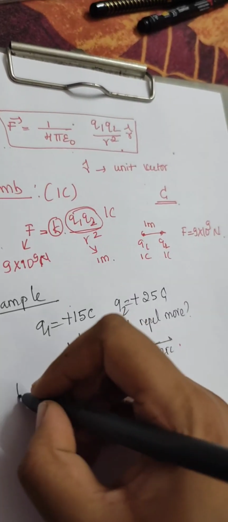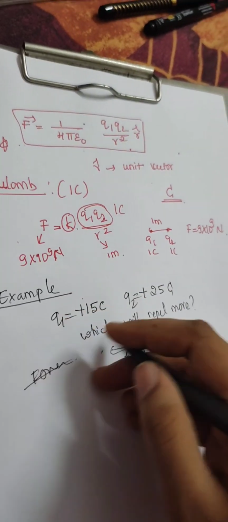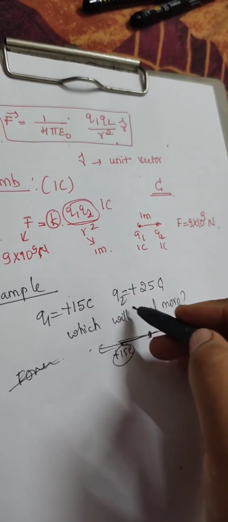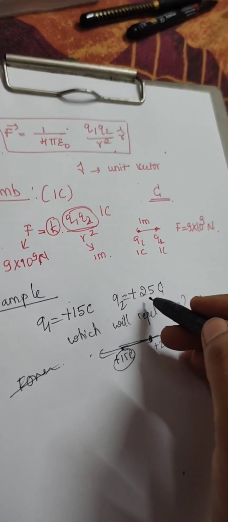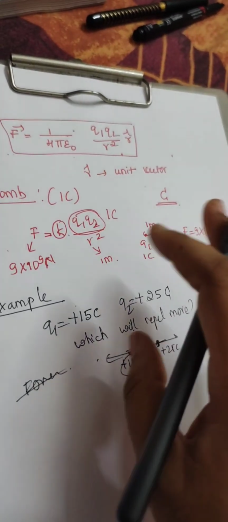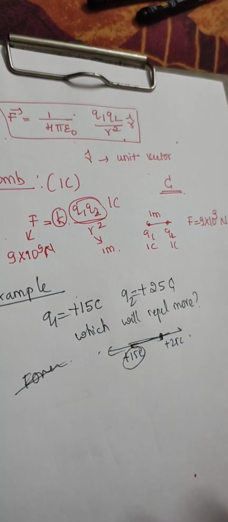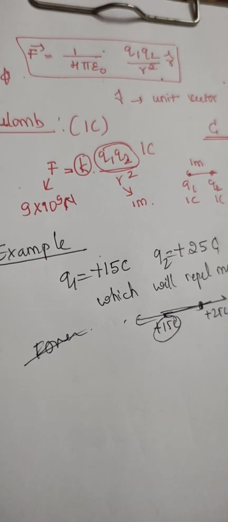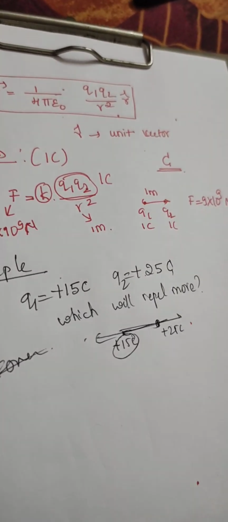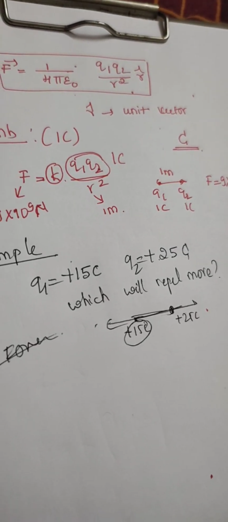So forces are equal and opposite. We can never say that because the value of Q is more here, it will repel more. The forces are always equal and opposite, the same amount of repulsion from Q1 and Q2.